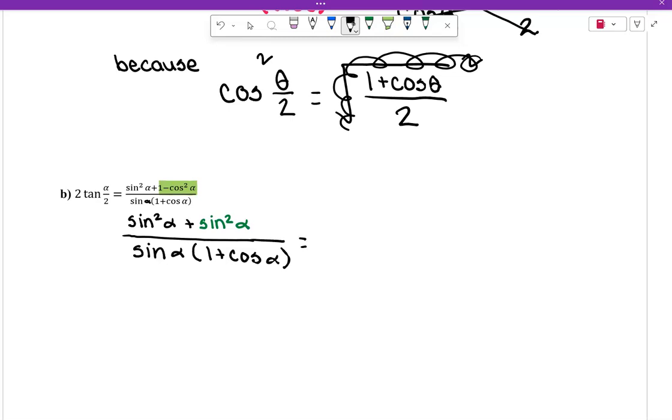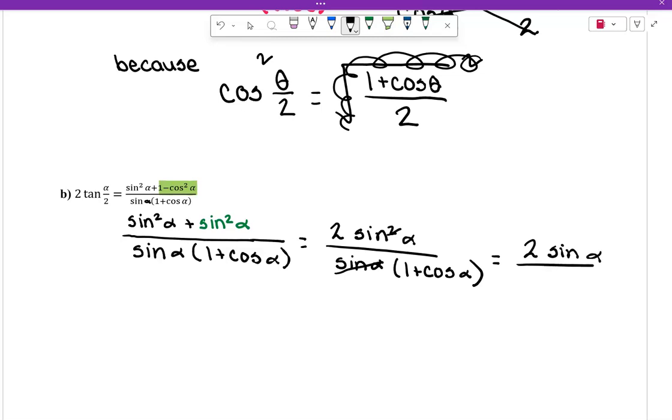So we know that this is going to be 2 sine squared alpha over sine alpha times 1 plus cosine alpha. This sine is going to cancel with that sine. So we're going to get 2 sine alpha over 1 plus cosine of alpha. And we are done.